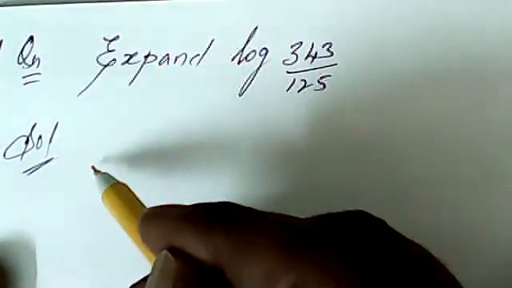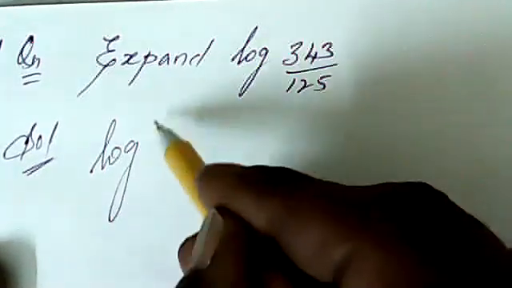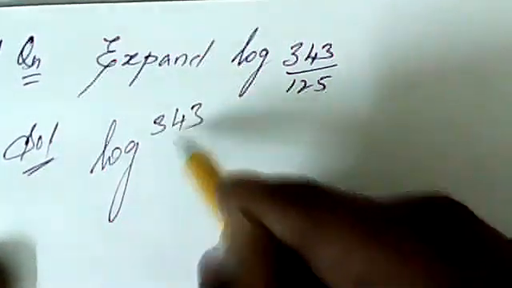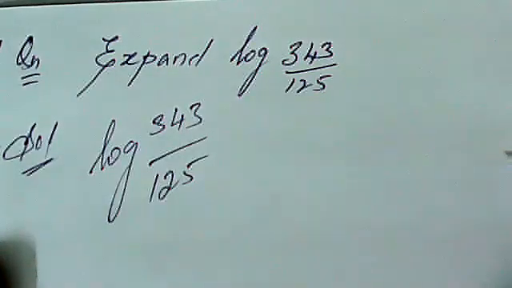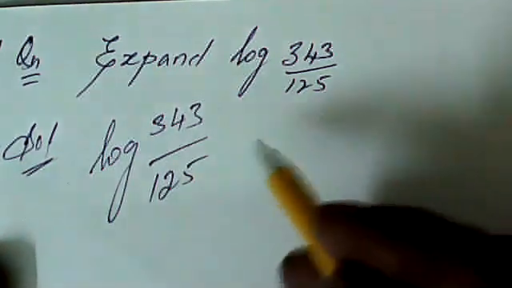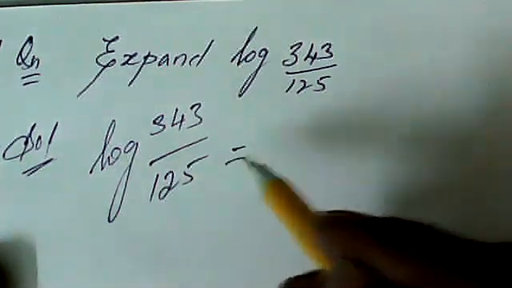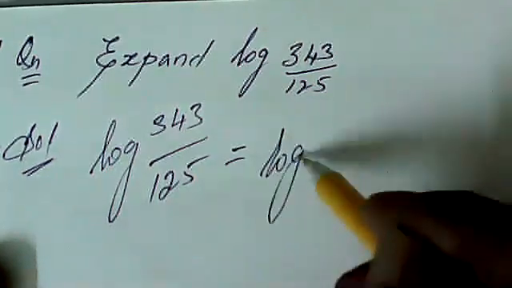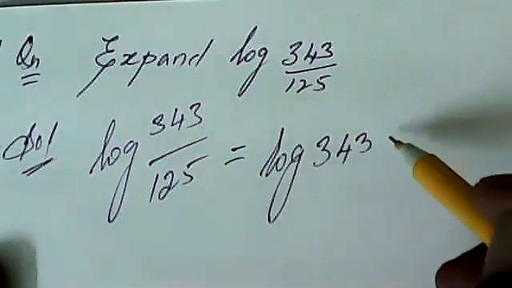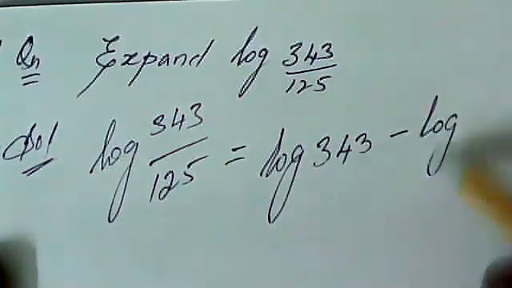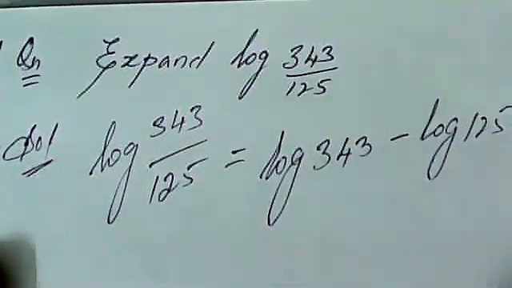It is log of 343 upon 125. So let us split them as log of 343 minus log of 125.